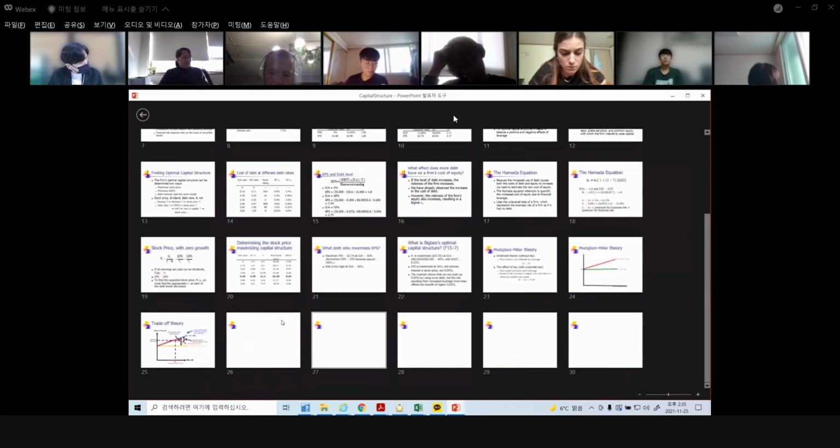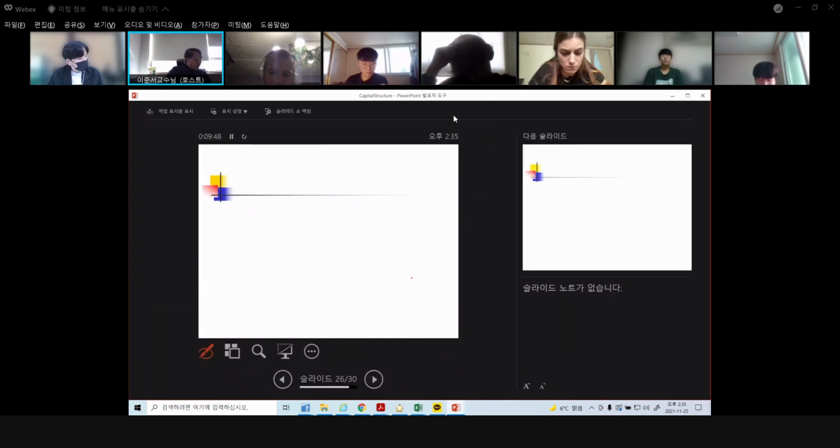So if you take a look at page number 540, business risk is the single most important determinant of capital structure, and it represents the amount of risk that is inherent in the firm's operations. So the commonly used measure of business risk is the standard deviation of the firm's return on invested capital.